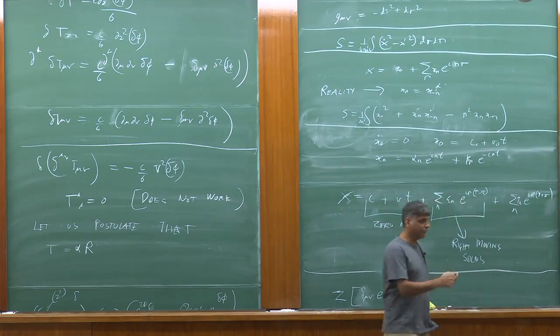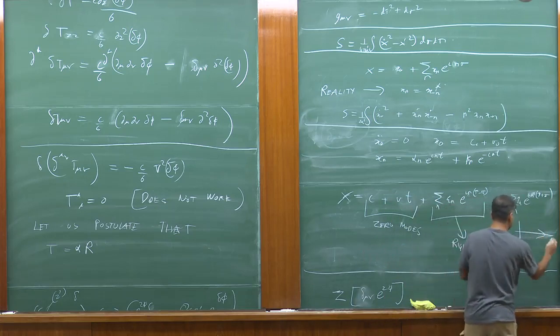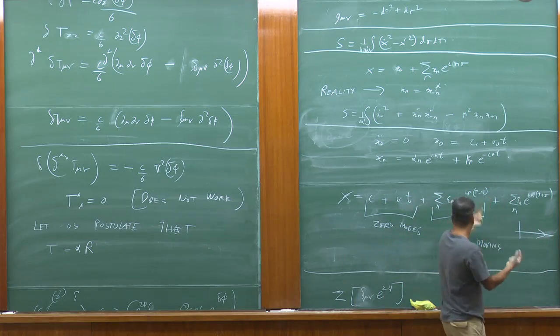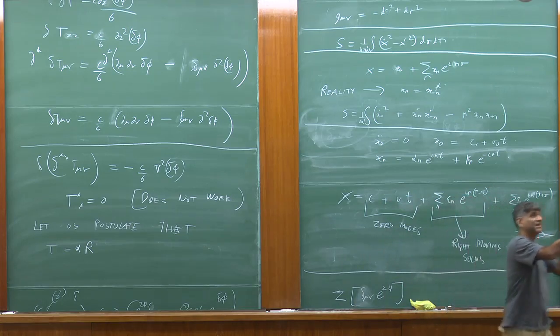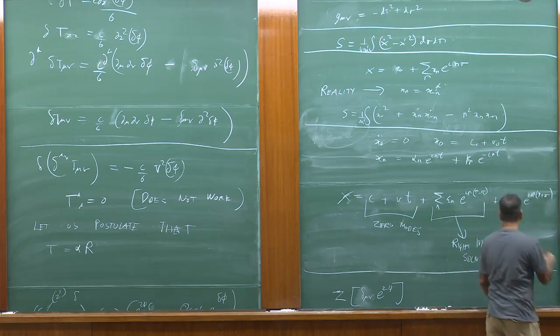I'm calling them right moving because if you think of sigma as being like this, we have some sort of wave here. The peak of the wave is determined only by tau minus sigma, and so it moves to the right as time increases. And I call all such solutions left moving solutions for the obvious opposite reason.